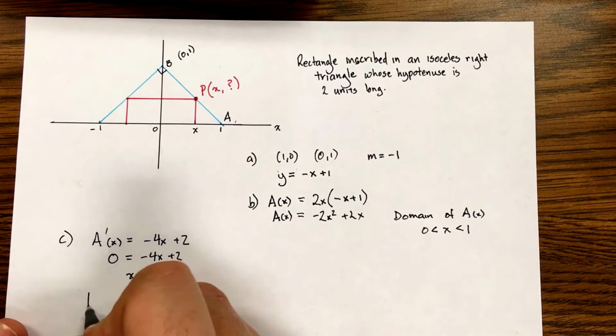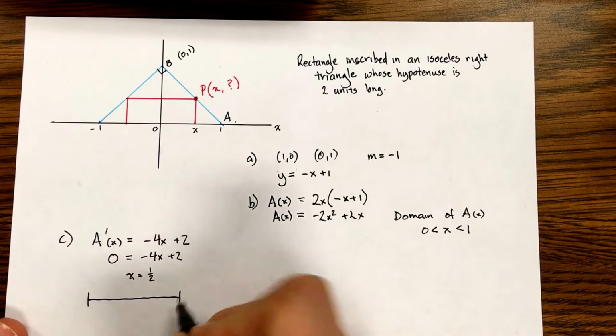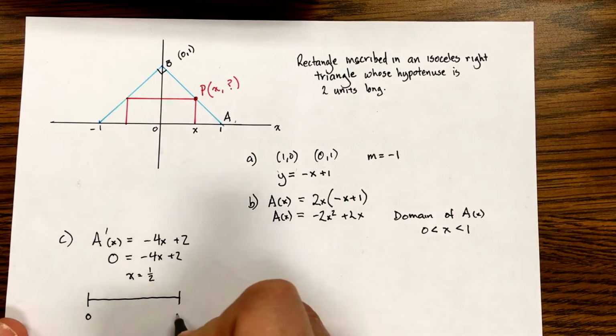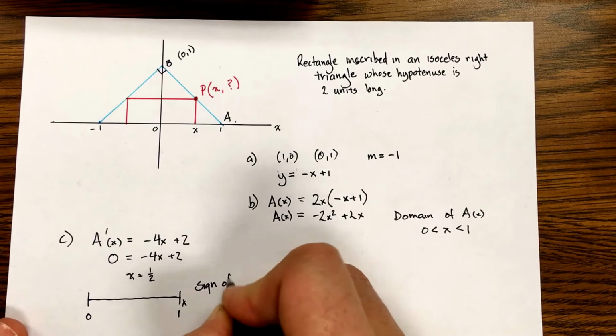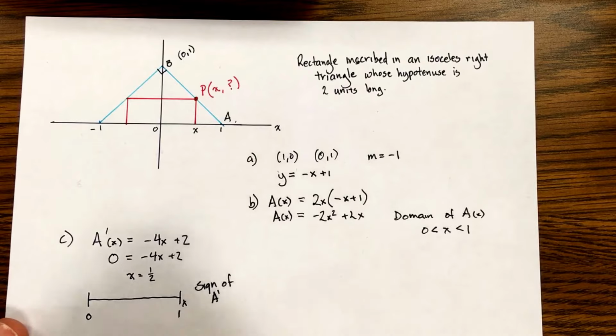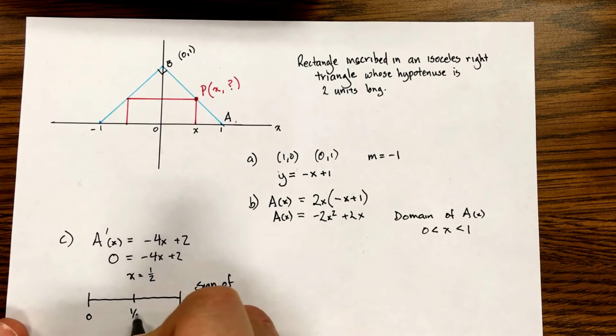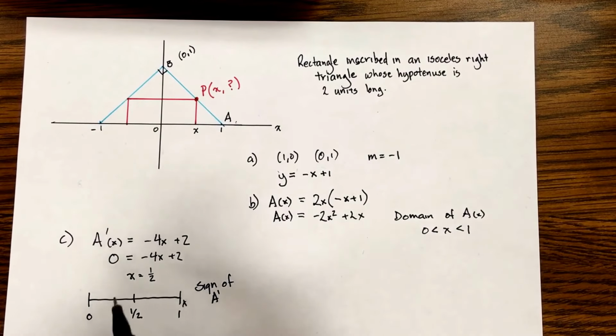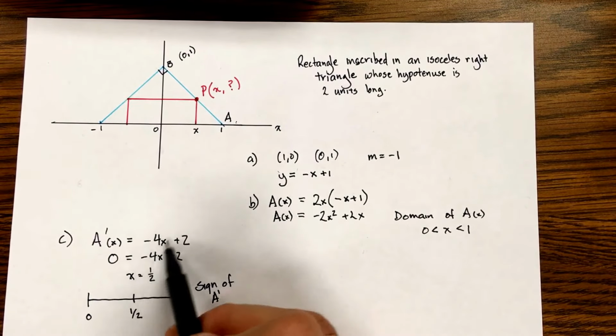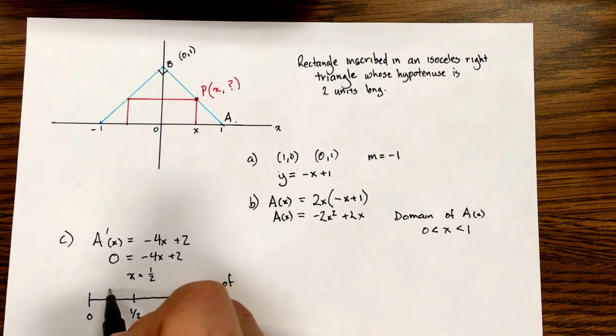Okay, we'll make a sign chart. 0 to 1 are the x's, and this is going to be the sign of A prime. The only critical value is the 1/2 in the middle. What numbers can I substitute into A prime? I'll use something super tiny, like 0.0001 times -4, which is a very small negative number, plus 2, which is positive.